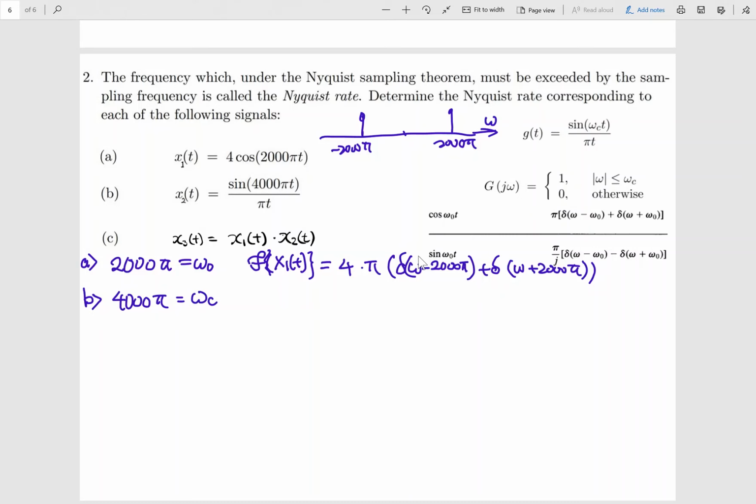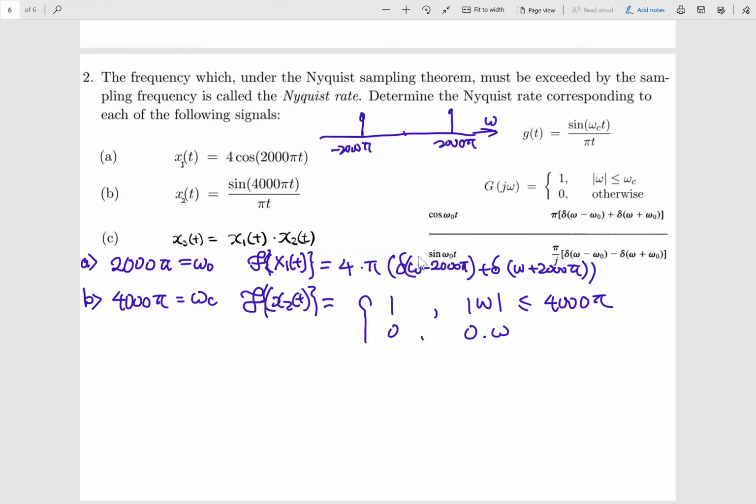So the Fourier transformation of x2(t) equals, just copy this part and change this omega c into this omega c, so equal to 1, because it's not scaled, because there is nothing here, for the absolute value of omega less than or equal to 4,000 pi, and 0 otherwise.